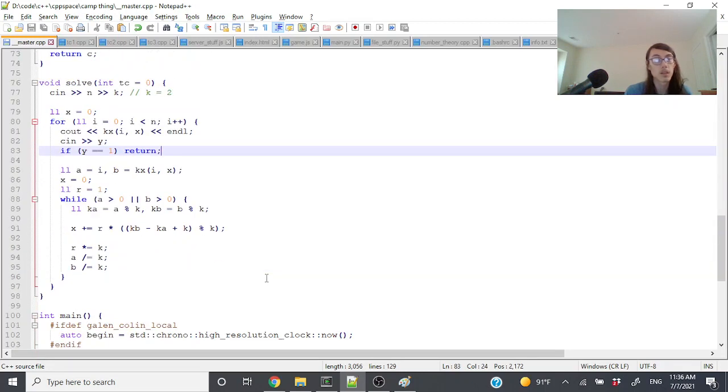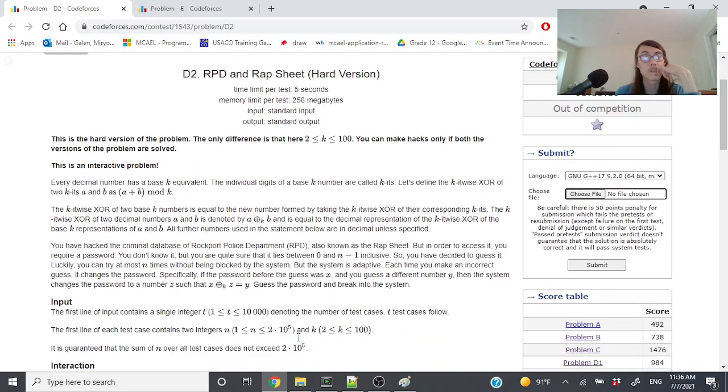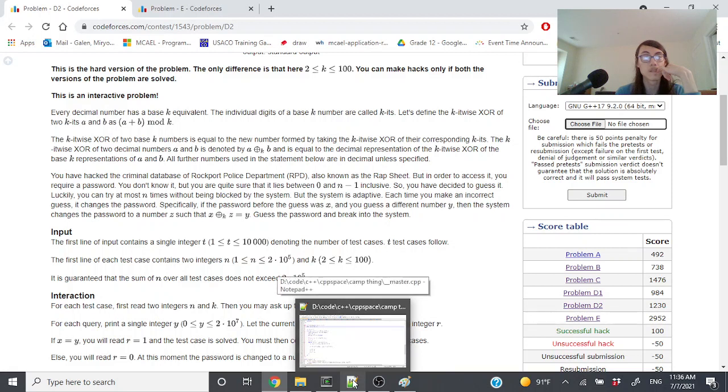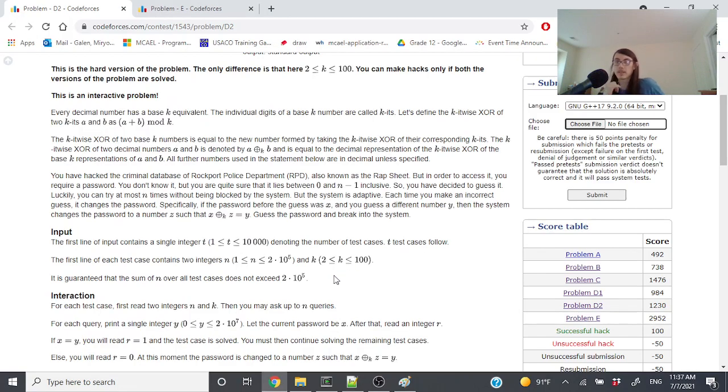Huh? Is it weird the way it works? Do we need like parity stuff?